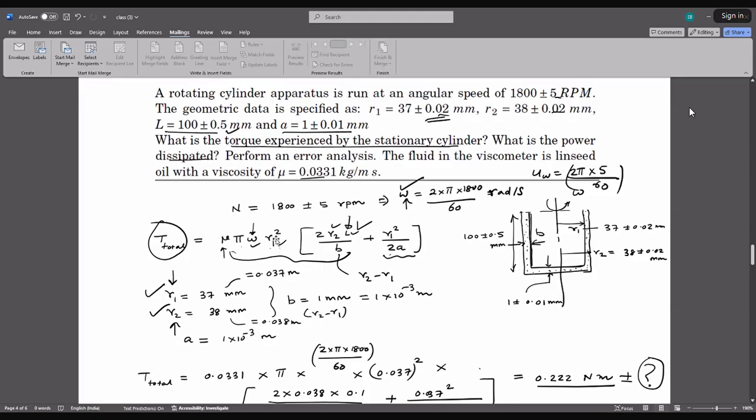Right, so you can always write this as R1 minus R2 minus R1.